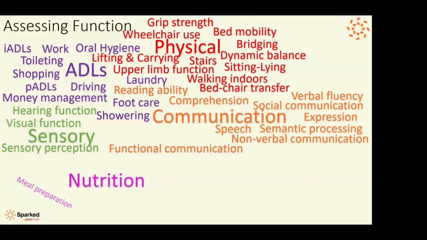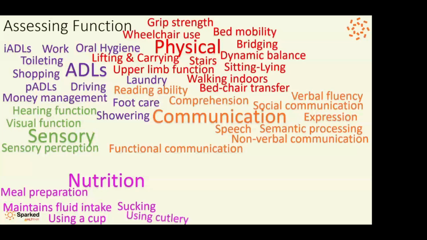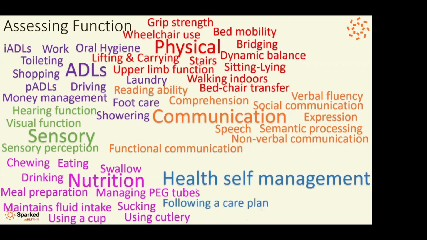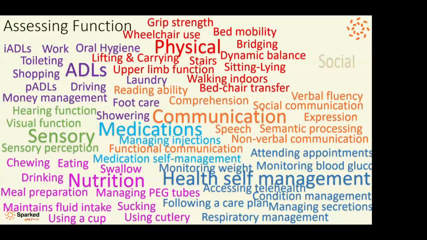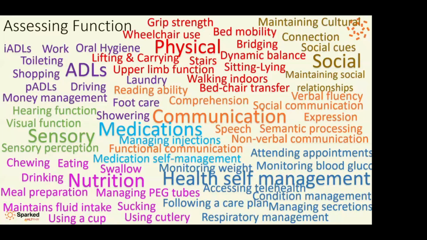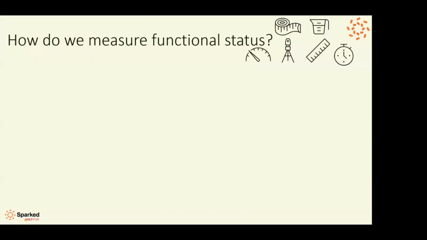We might be looking at how they are getting their nutrition, so what sort of things they need assistance with in terms of meal preparation. Do they have a peg tube? And we also might be looking at things like their self-management, following a care plan, understanding how to take their medications. There also might be some social context to the functioning aspects, so how they operate within the context of a group, or are they able to go outside and go to the bank and go to the shops and be able to get their groceries.